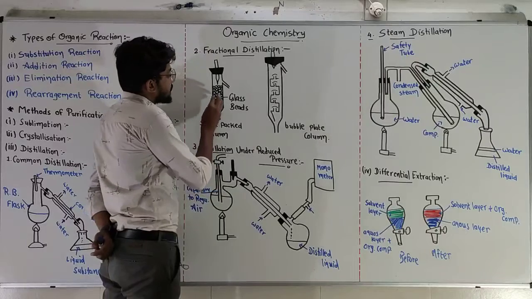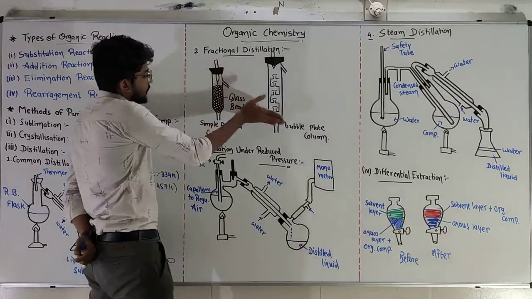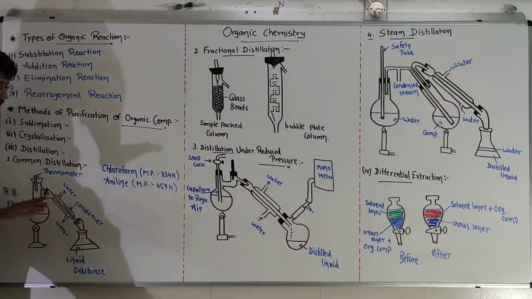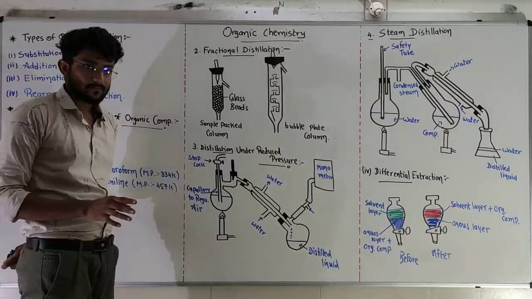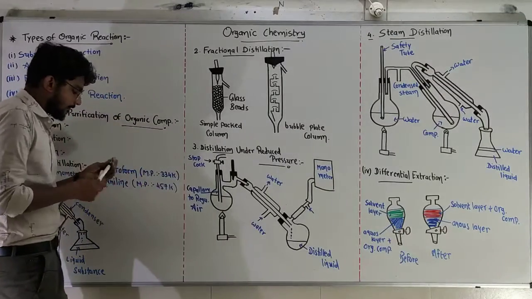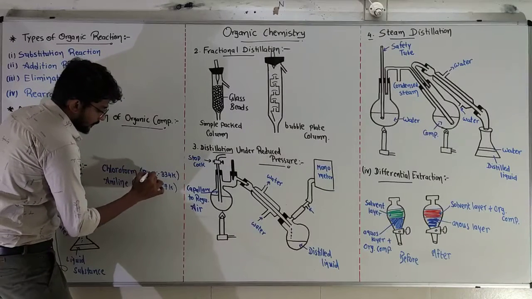After that, the substance which has the lower boiling point will go down the glass pipe into the water condenser and into the liquid state. So that was fractional distillation. Okay, I have made some mistakes over here. It is not melting point, it is boiling point.